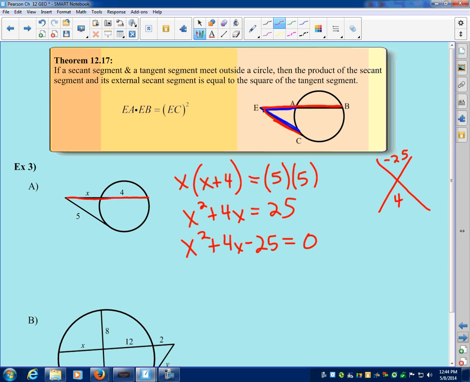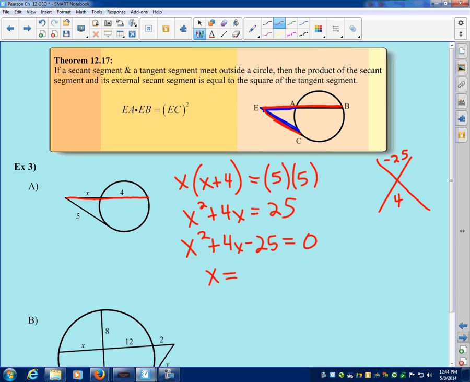What are the factors of 25? No difference of 3 there. What are the other factors of 25? 1. No difference of 3 there. Are those all the factors of 25? Yeah. Rats. What do we have to do then?